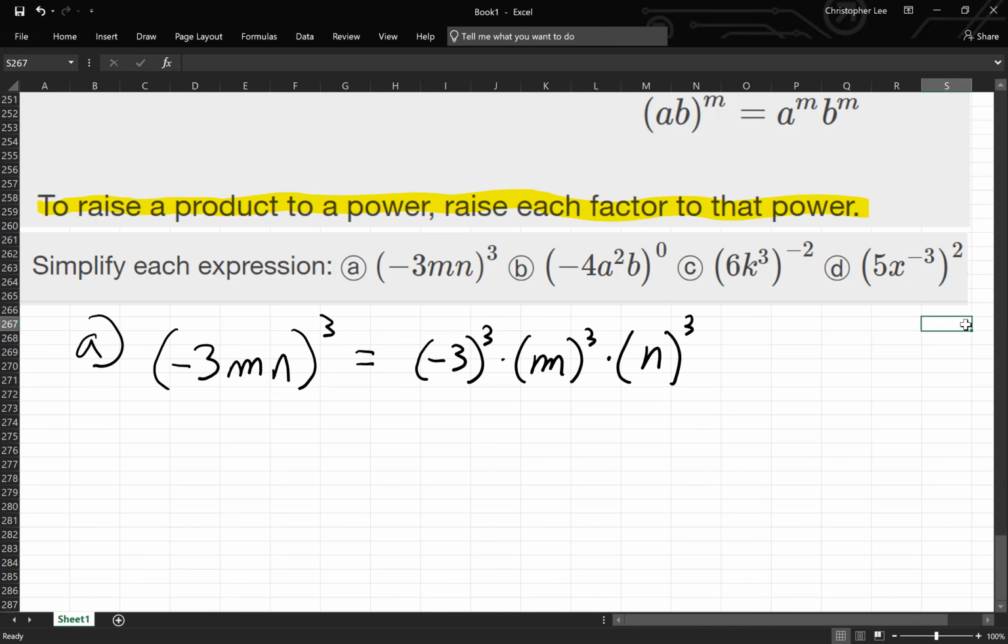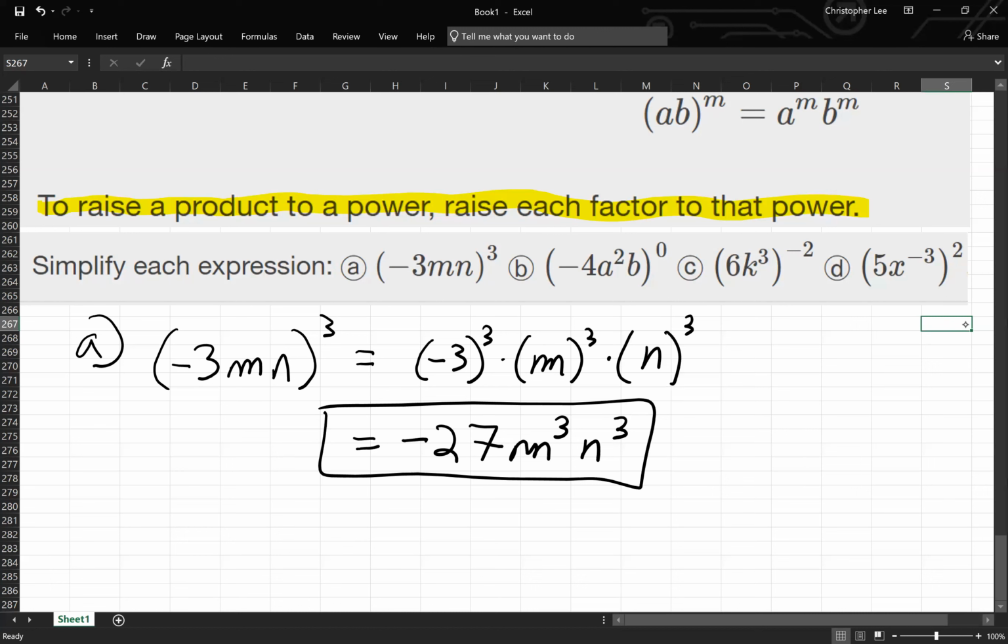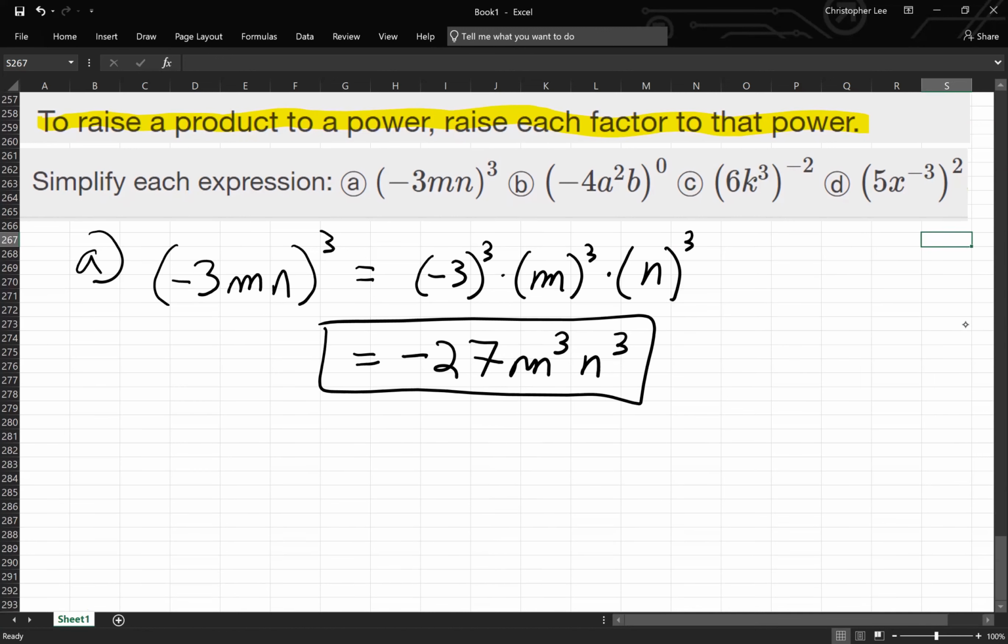Just move this over here, and then just do the math the way you know how to do it. What's -3 to the third power? -27, very good. And then what's M to the third power? Exactly, M to the third power. And what's N to the third power? N to the third power, excellent. That's my answer, I'm done. Easy, right? I know y'all had this for homework already.